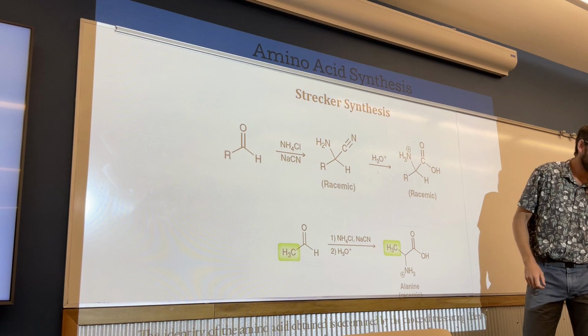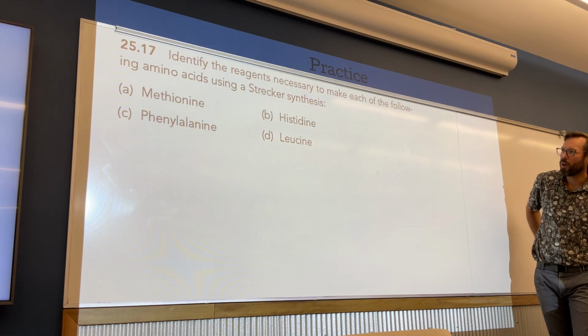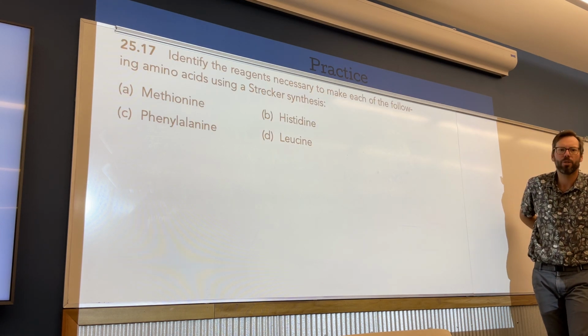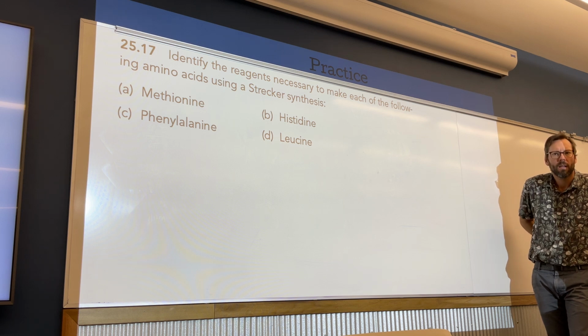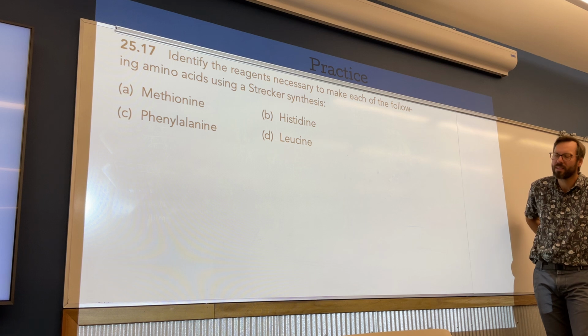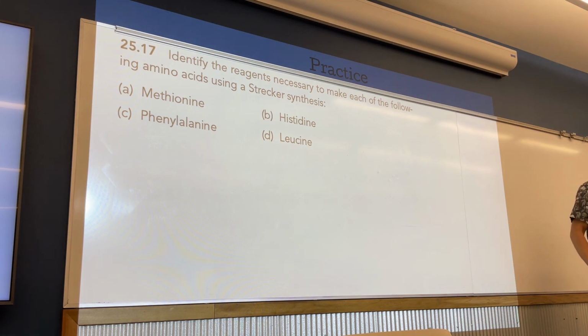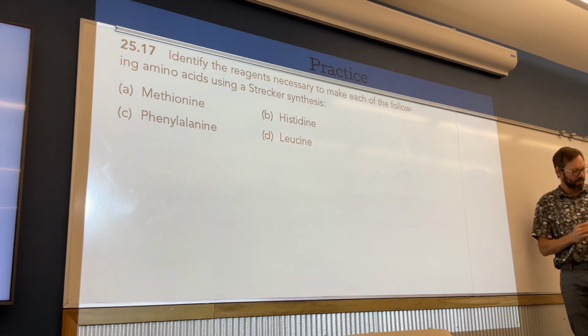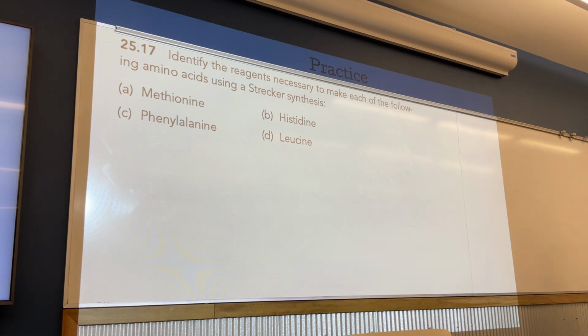Okay? All right. So for this problem, we got to look up, do you guys have your structural sheet for these different amino acids? Okay, so let's start with methionine. Is that the first one? Yeah, okay.